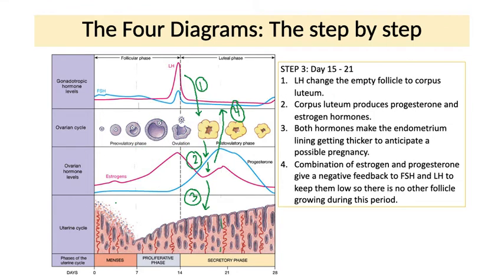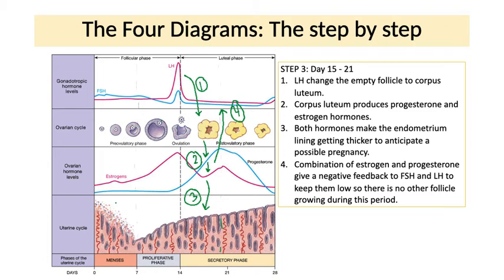The next step happens between day 15 to day 21. First step, after the follicle bursts to release the egg, the egg will be transferred to the fallopian tube and there is a chance for the egg to be fertilized. The remaining follicle itself will be changed into a structure called corpus luteum by the LH.